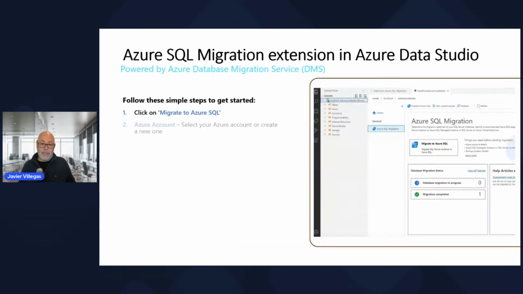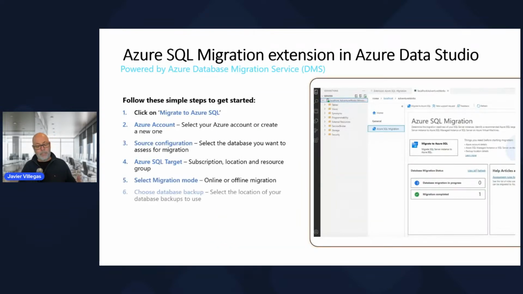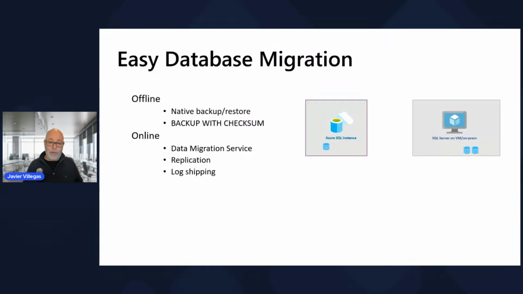We will see that within Azure Data Studio, there is a free extension that we just go and download. And with that, we are ready to do the assessment and do the actual migration. One of the easiest ways to do the migration, as I said, is the backup restore option, right? So we have our SQL Server on premises.